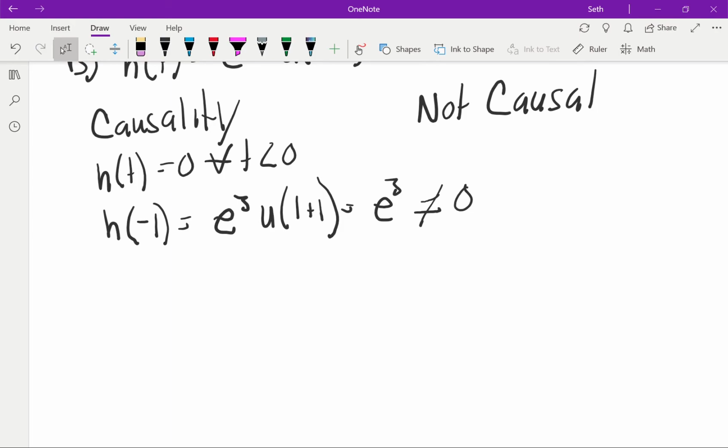And our condition for causality was that for all t less than 0, the impulse response must resolve to 0. Okay, so now let's check for stability.